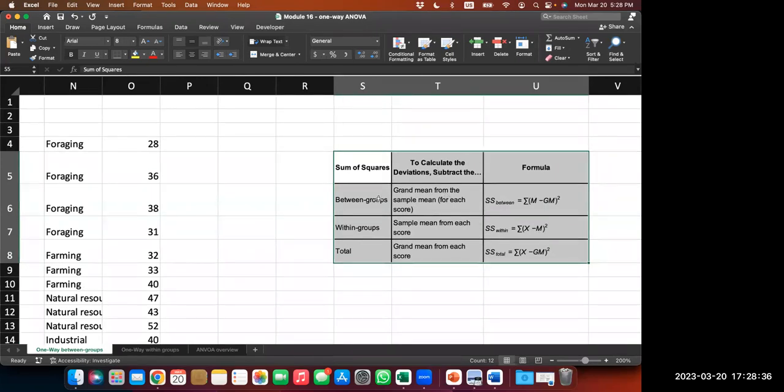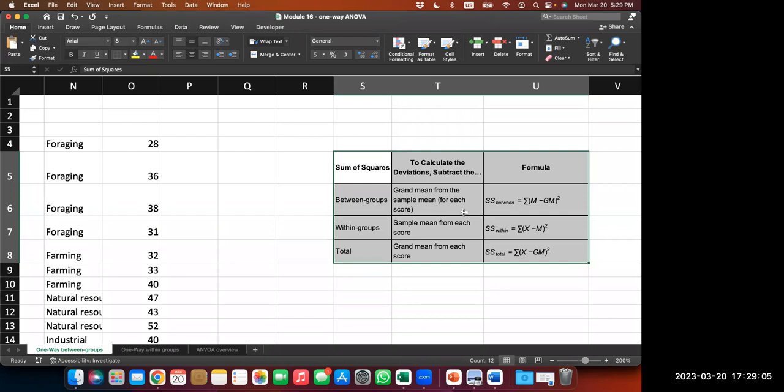We have between groups, which is the grand mean from all the samples, and we're calculating this for each individual score. So basically it's the individual M of your group minus the grand mean.